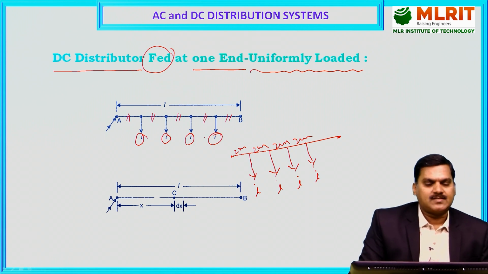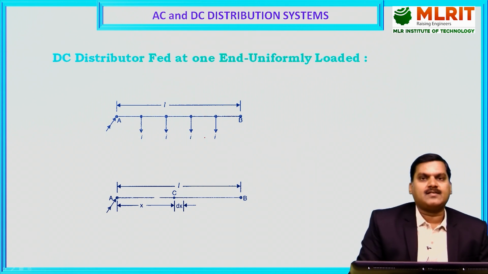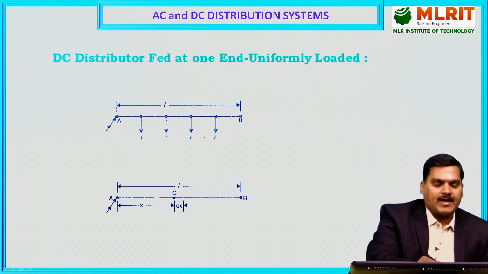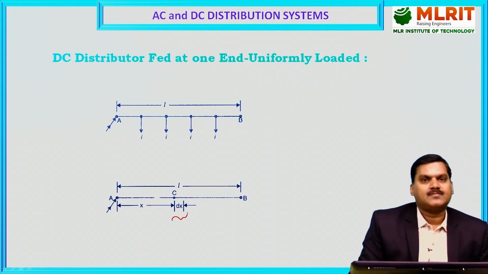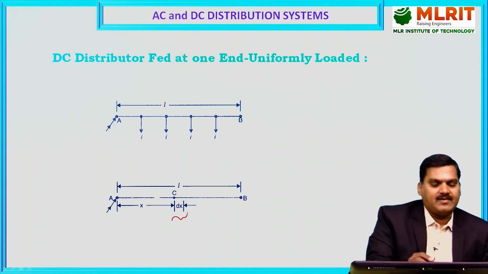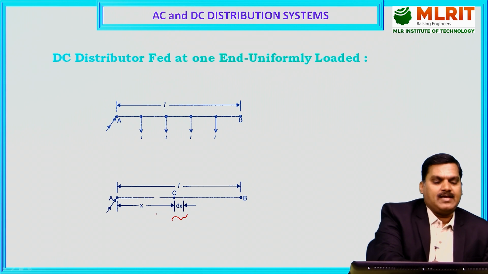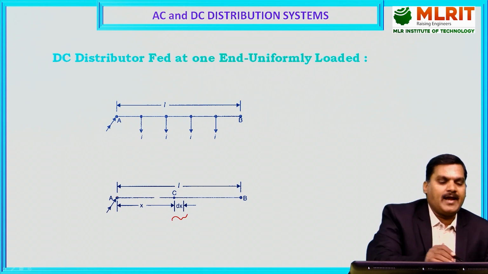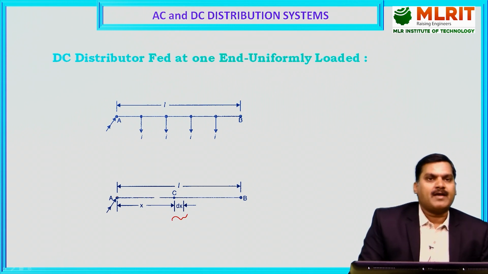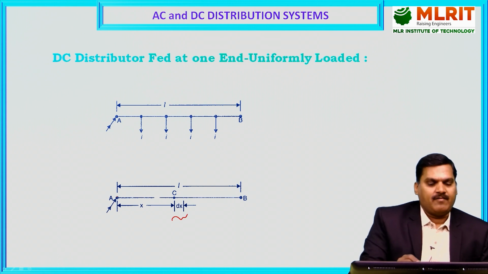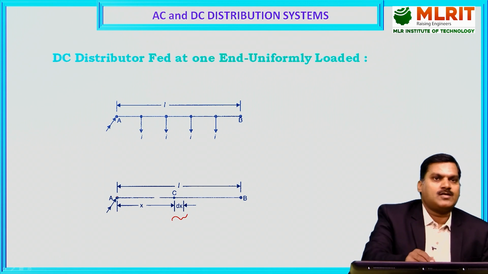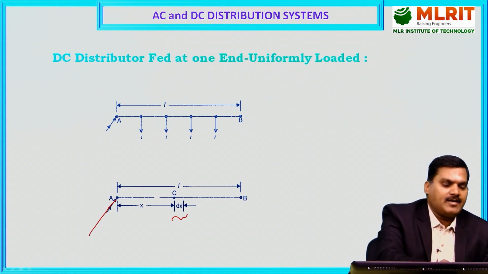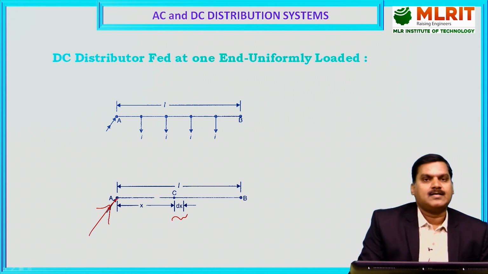To analyze this system, generally we take a differential length of conductor, dx, which is x meters away from the feeding point A. In that manner we analyze the uniformly loaded system. It is also fed at one end, only at end A. The end B is free and not loaded.